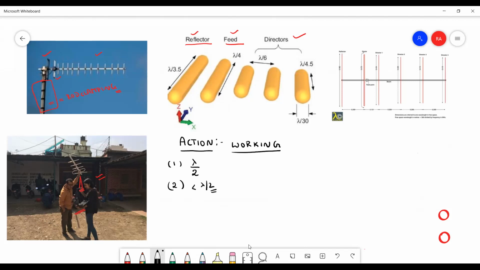If more than one director is employed, then each director will excite the next. On the other hand, an element of length equal to or greater than lambda by 2 will act as a reflector, which adds up the fields of the driven element in the direction from the reflector towards the driven element.